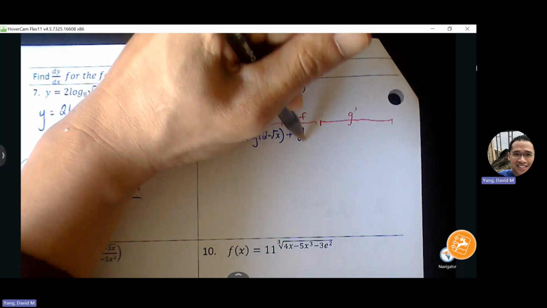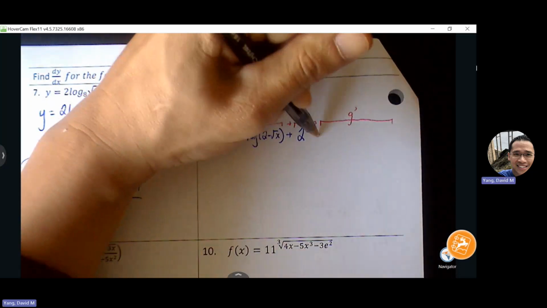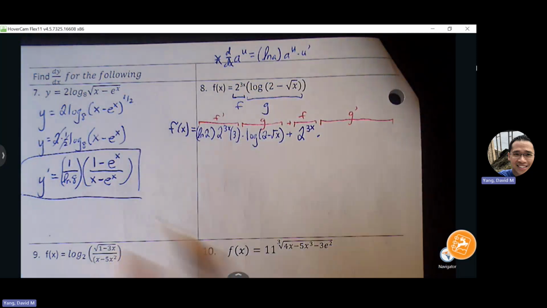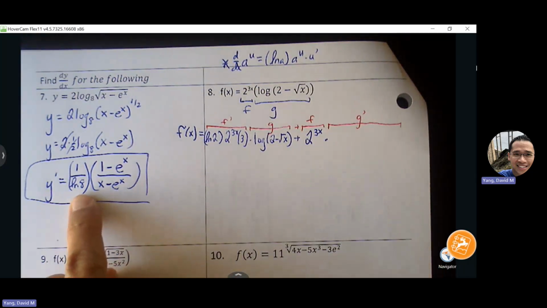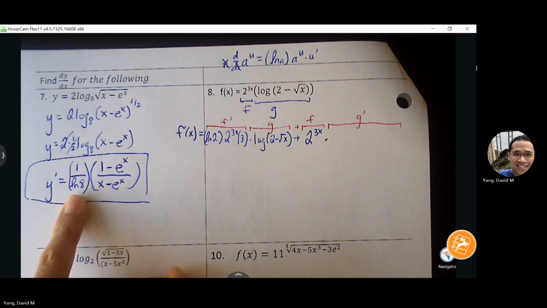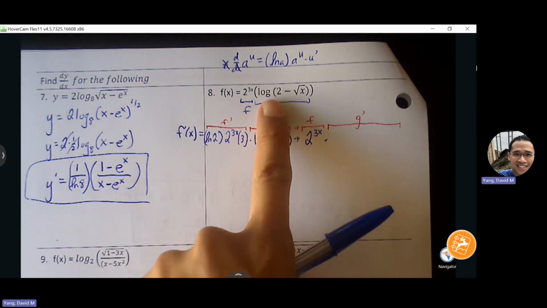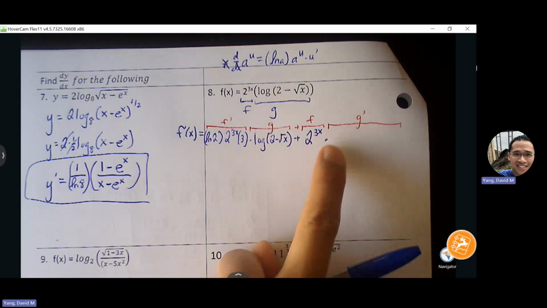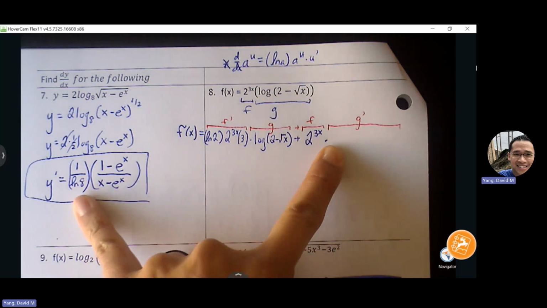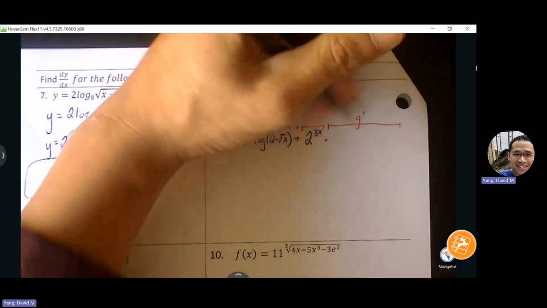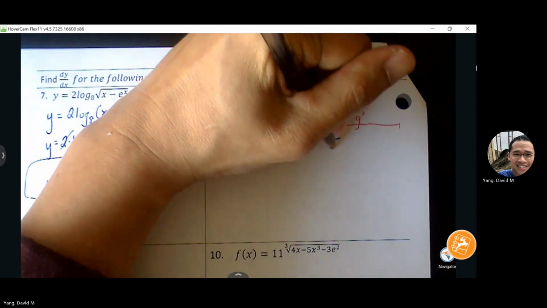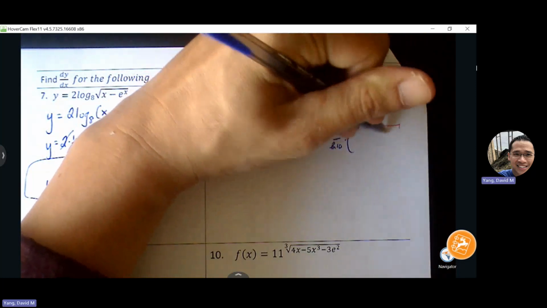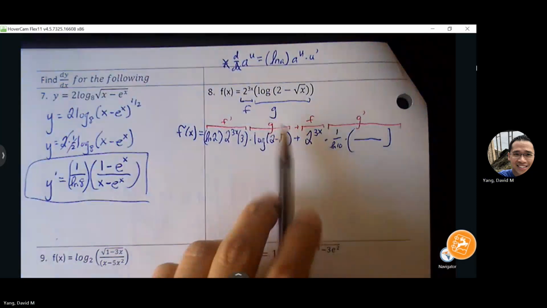The G and F, I can just copy down from above, no changes. Now G prime, very much like how we did log base 8 here. What's the base that's hiding here? 10. So what's the first thing that shows up? 1 over natural log of 10. And then U prime over U, right?